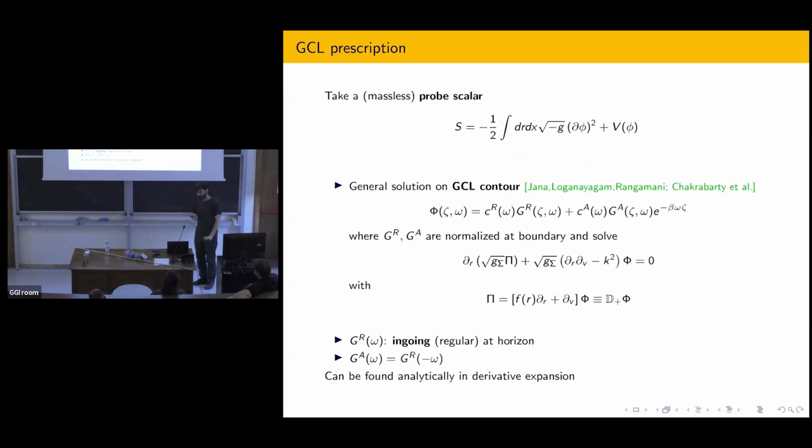As I said, for illustration, I will just take a complex massless probe scalar and do holography on this spacetime. It can be shown that the general solution on this contour takes the form shown here, where G_R and G_A are normalized at the boundary and they solve the Klein-Gordon equation as shown here.